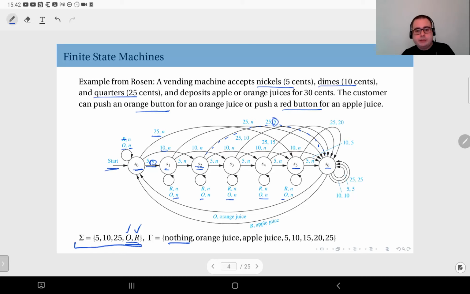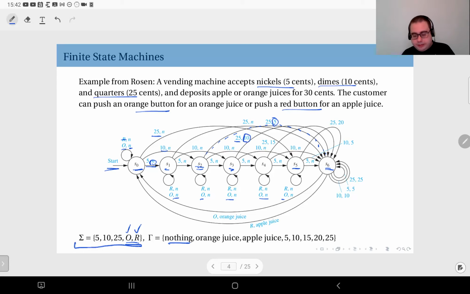So that's your change back to the user. And from S3, which signifies that you have 15 in the machine, if you input a 25, you go to S6 and you output a 10, the change.